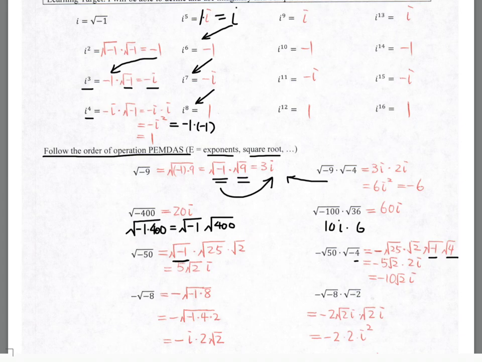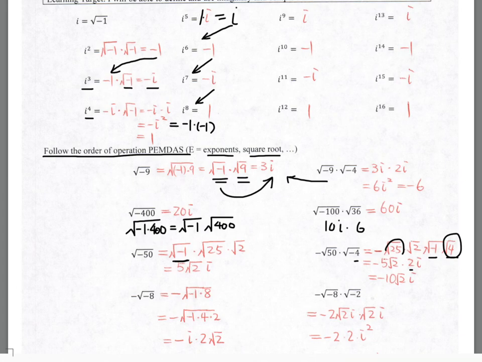So we have -5, that's from the square root of 25, square root of 2, times 2. This 2 comes from the square root of 4, times i. Again, real number multiplied by real number, irrational number multiplied by irrational number, imaginary number multiplied by imaginary number. So our final answer is going to be -10 square root of 2 i.